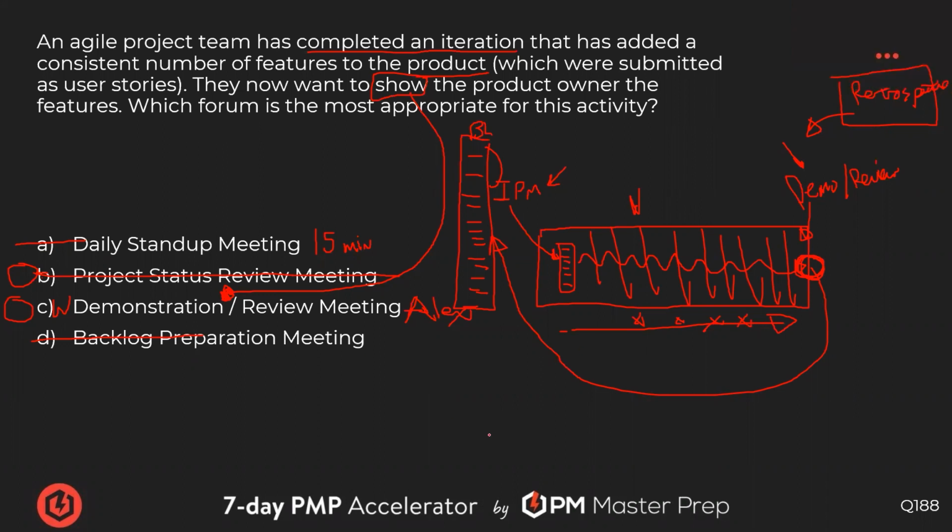Scott, does that mean we're off base on this? Because we said the demo is with the customer and not necessarily the product owner. Oh, okay. I'll ask somebody else. Nia, who's in the meeting? Who should be in the demo meeting?